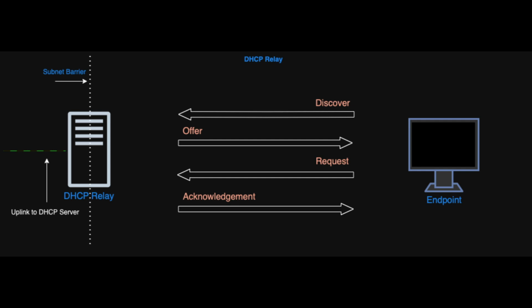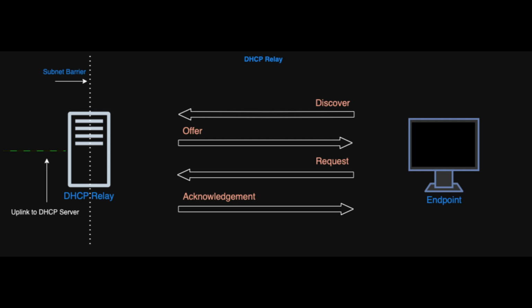Broadcasts terminate at the subnet they originated within, so this leaves DHCP with an issue. How can one DHCP server provide services to multiple subnets? Well, you could have one DHCP server per subnet, however, maintaining that would involve a lot of administrative overhead.